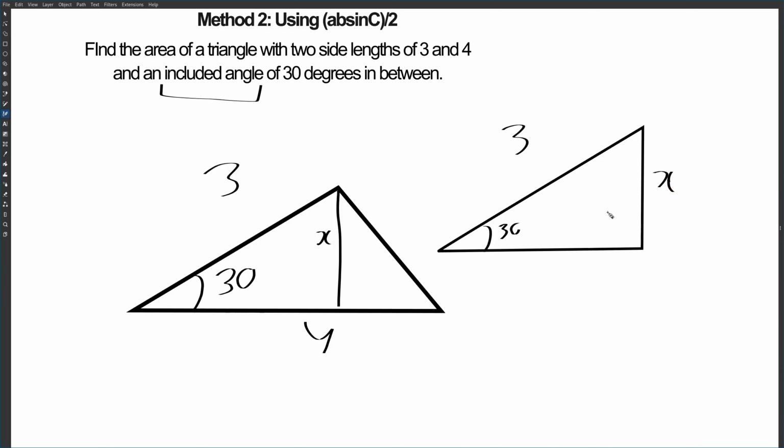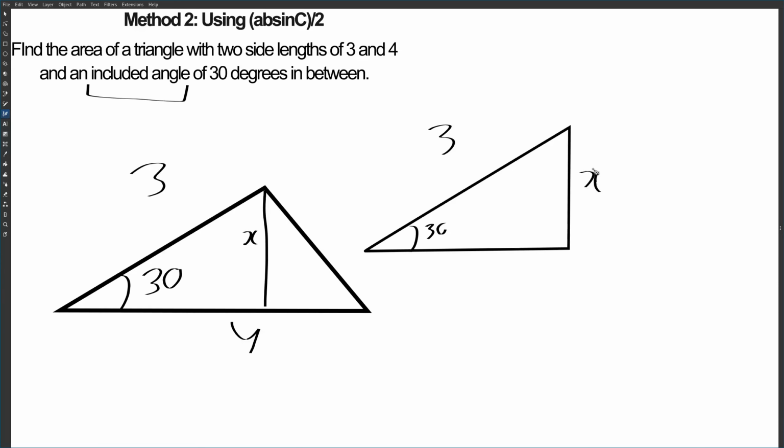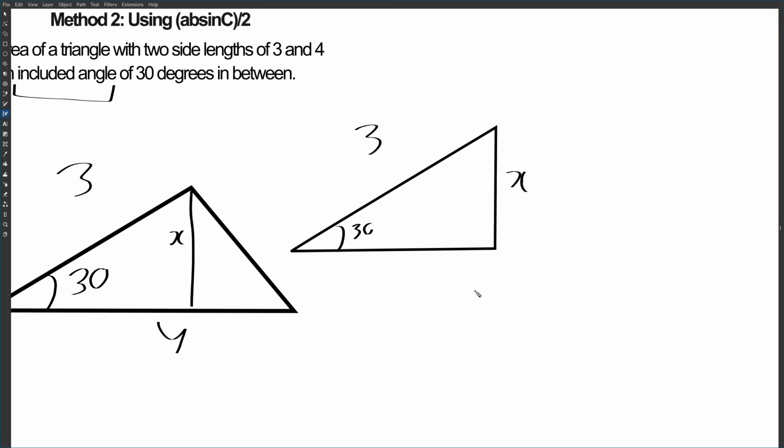Okay, well, you may recall from trigonometry that if we have the opposite, since this is opposite to the angle, and the hypotenuse, we can use sine. So we have sine of 30 is equal to opposite over hypotenuse, SOH of SOH-CAH-TOA. So it's equal to x over 3.